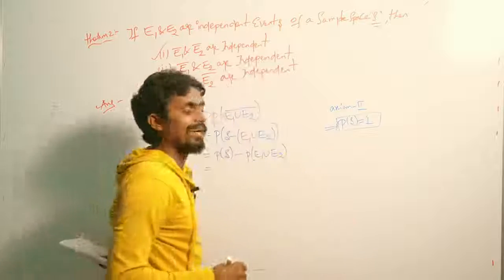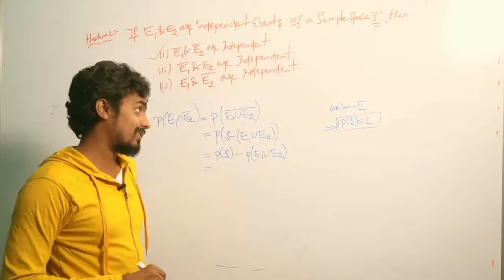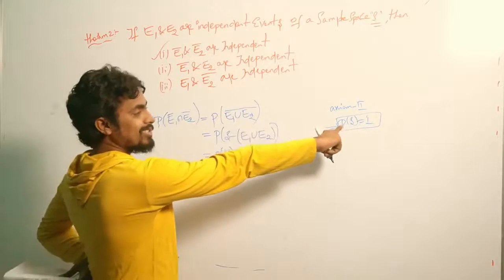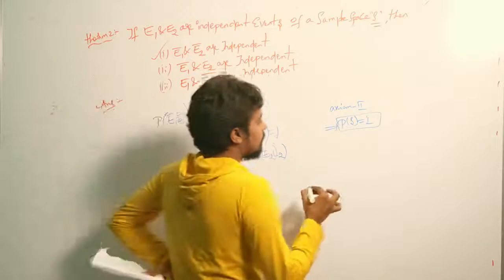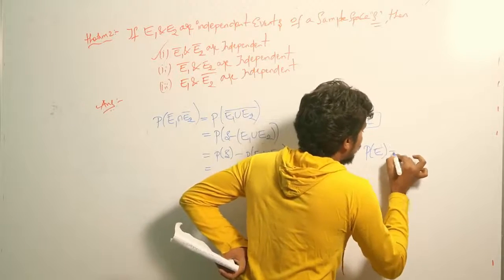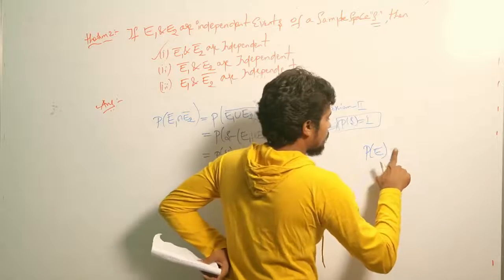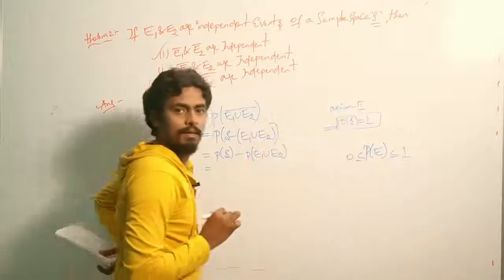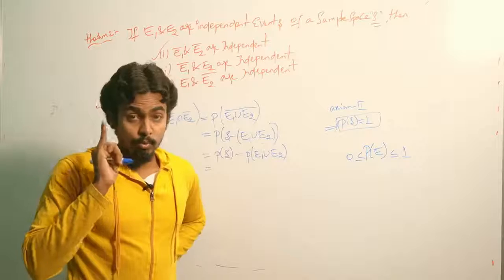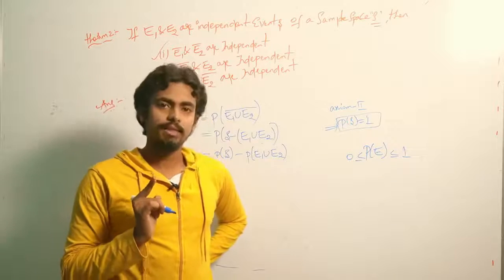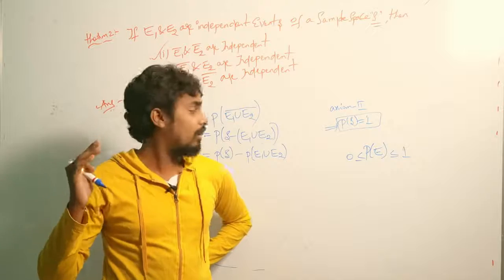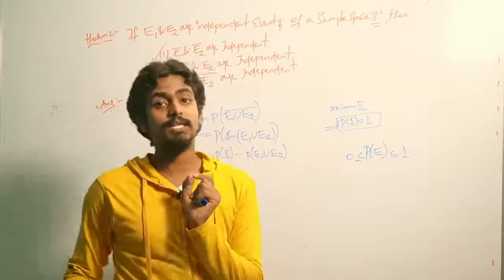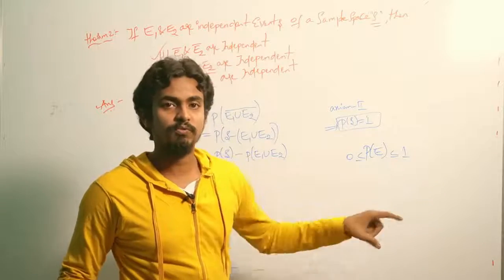I already told you in the axioms of probability, please watch that lecture. What P of S equal to 1 means: the probability of any event, P of E, is between 0 and 1. That means the probability of any event will not go above 1 and will not go below 0.